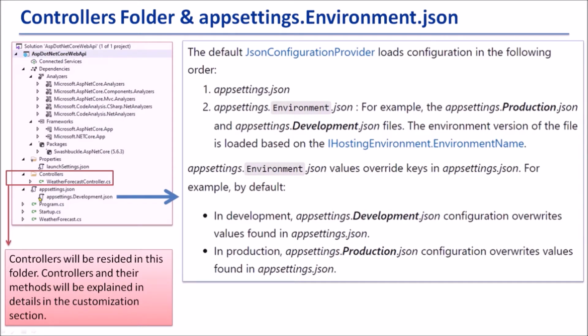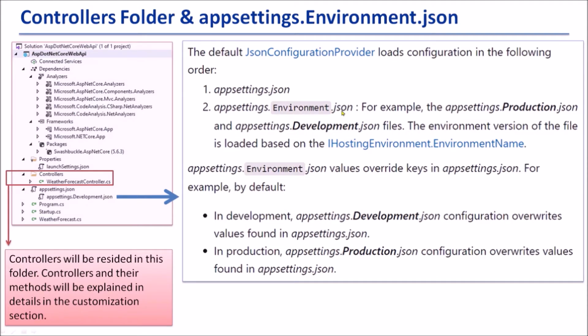Next item is appsettings.json. The default JSON configuration provider loads configuration in the following order. First, appsettings.json. Second, appsettings.environment.json. For example, the appsettings.Production.json and appsettings.Development.json files. The environment version of the file is loaded based on the IHostingEnvironment.EnvironmentName. Namely, appsettings.environment.json values override keys in appsettings.json.